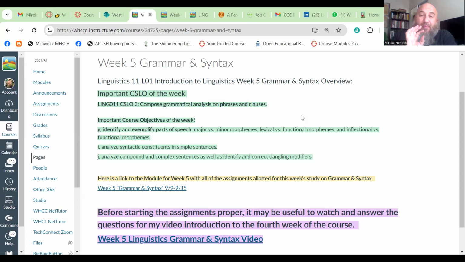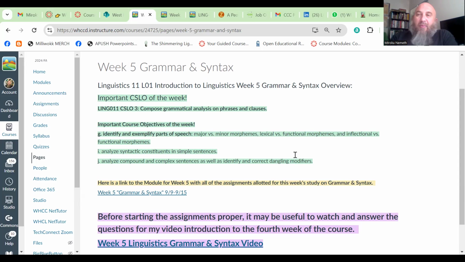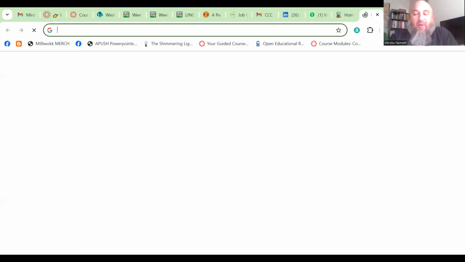So compound is two equal clauses, that could be independent, that would stand alone, but you join them, and they're fine. Complex, one is dependent, one is independent. Dangling modifier is just something I don't agree with. I don't know why linguists would put that there as something you have to do.